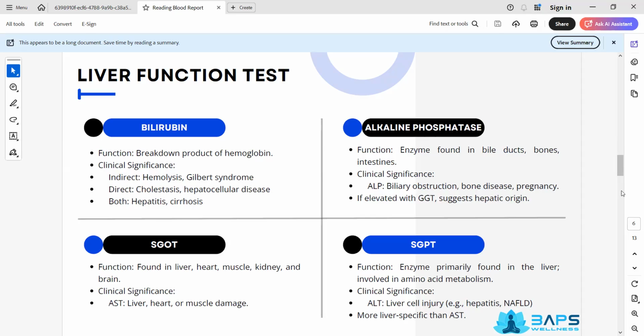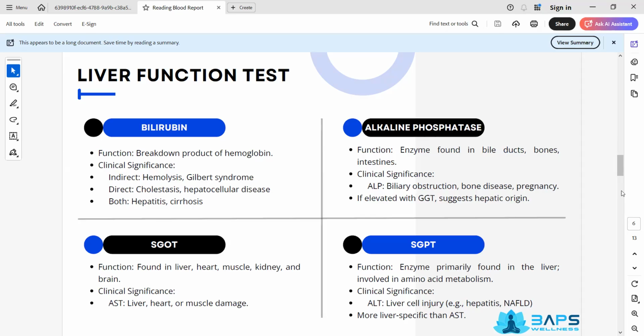And the liver is like a chemical factory in the body that regulates various mechanisms. So in the liver function test, the components will be, first, bilirubin. As we have already seen, when hemoglobin is broken down, bilirubin is a byproduct of that.